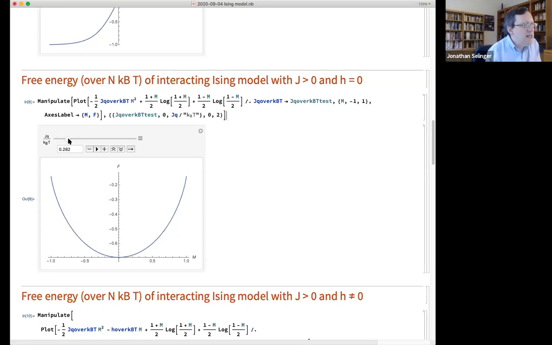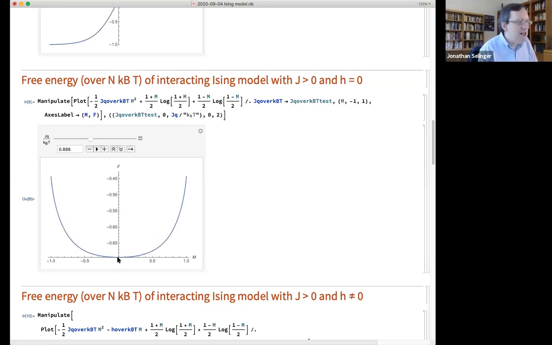In an experiment, you could either imagine you're making the interaction stronger or you're making the temperature lower. The second thing is much easier to do in an experiment. So suppose you have a sample with fixed interaction strength J and fixed coordination number Q, but you're gradually reducing the temperature. As I reduce it, you can see the plot is getting kind of flatter.